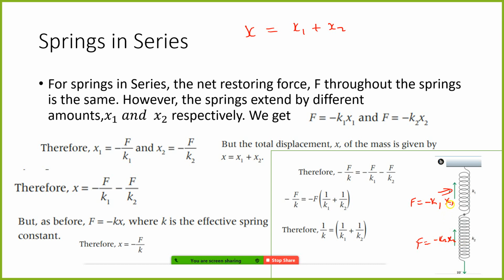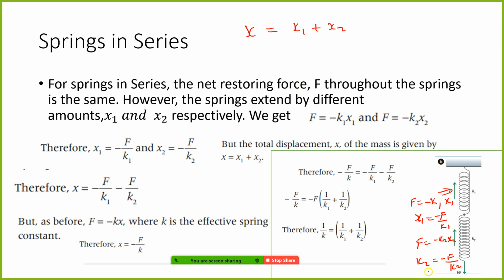Now, if we transpose to make X1 the subject, it means that X1 is equal to minus force divided by K1. And if I transpose to make X2 the subject here, then that becomes pretty much minus F divided by K2.